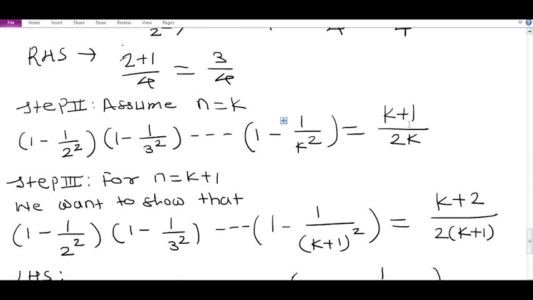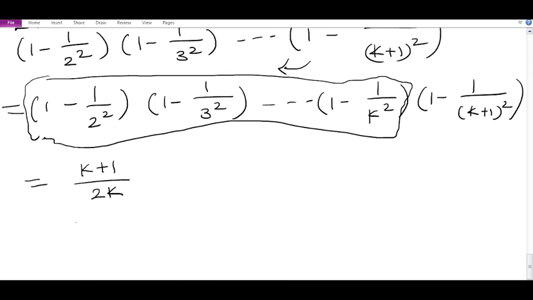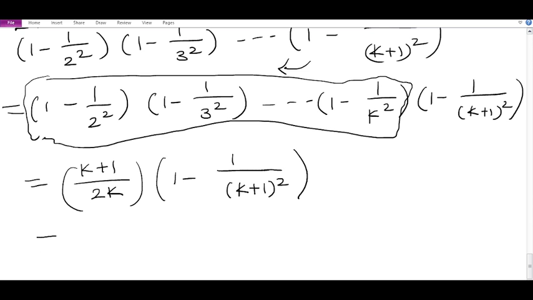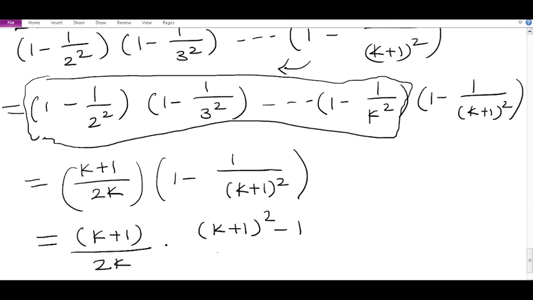So we get k plus 1 divided by twice k into 1 minus 1 divided by k plus 1 bracket square. Now simplify this. To simplify, take the LCM: k plus 1 divided by twice k into k plus 1 bracket square minus 1 divided by k plus 1 bracket square.